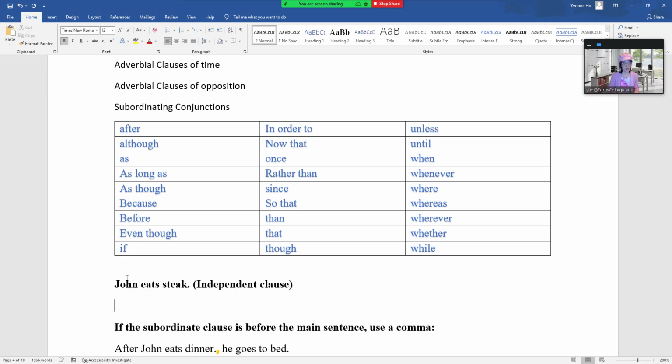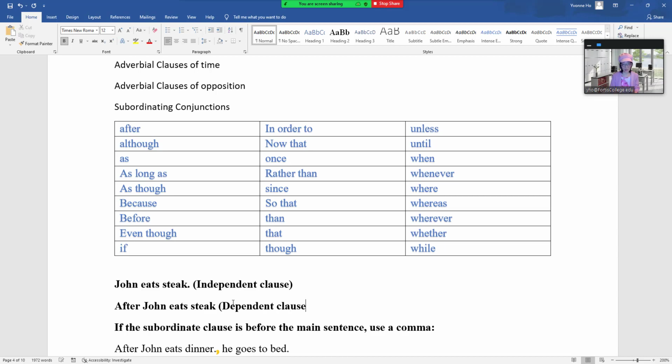Now, I want to add a subordinating conjunction to the sentence. So I'm going to add after: after John eats steak. So I just added the subordinating conjunction after. Now suddenly, if I add after to my sentence, it turns into an incomplete thought, so that we turn the sentence into a dependent clause.